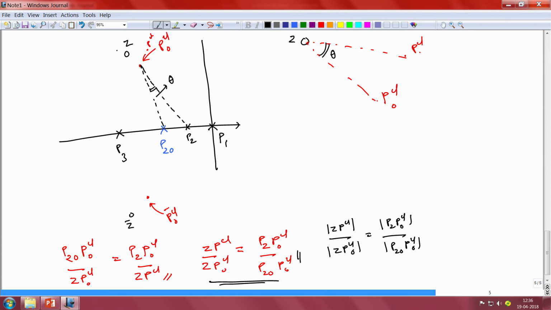So what these two statements imply is that the triangle formed by the points PCL, Z and PCL naught is similar to the triangle formed by the points P2, PCL naught and P2 naught. That is because the ratios of the adjacent sides of one triangle are equal to the ratios of the corresponding adjacent sides of the other triangle, and the included angle in one triangle is equal to the included angle in the other triangle.